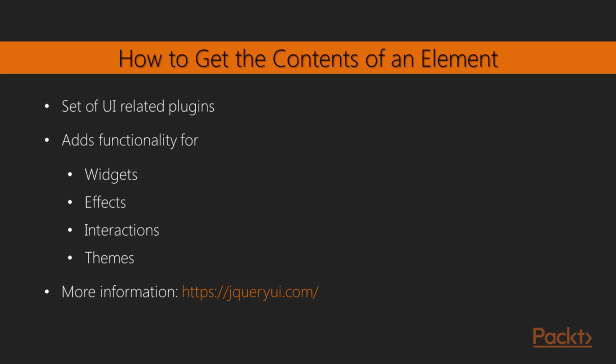This adds some additional functionality that we can use for widgets, some additional effects that aren't included with the base jQuery product, some interactions, and then one of the best features of the jQuery UI plugin is themes.